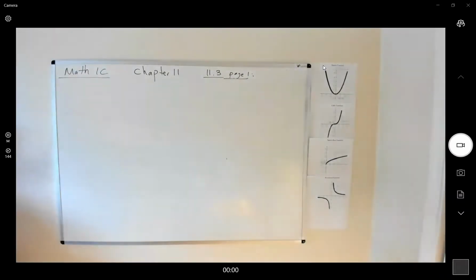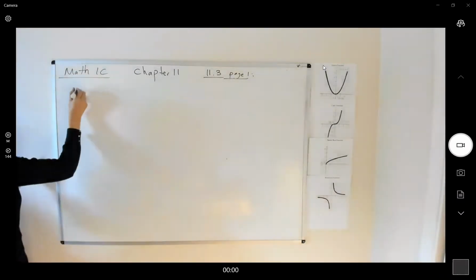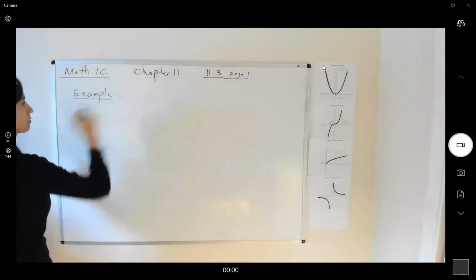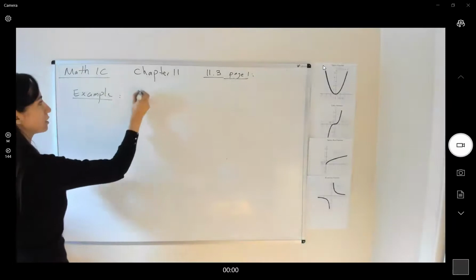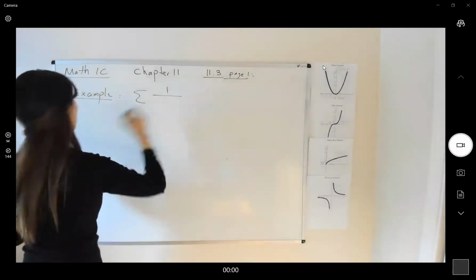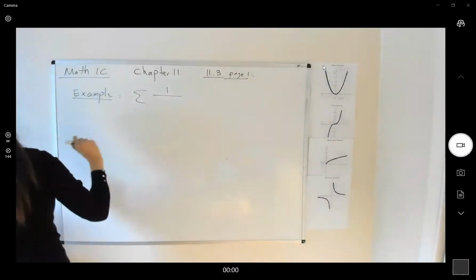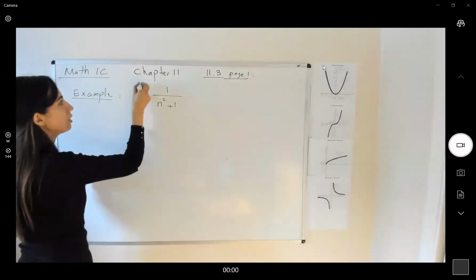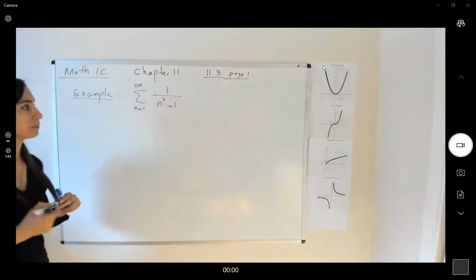Example. Consider the following series: the sum of 1 divided by n squared plus 1, n starts from 1 and goes to infinity.